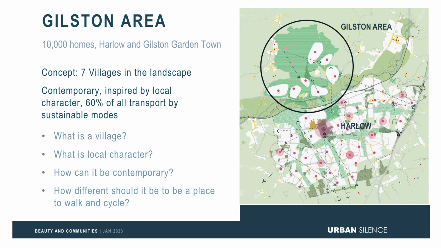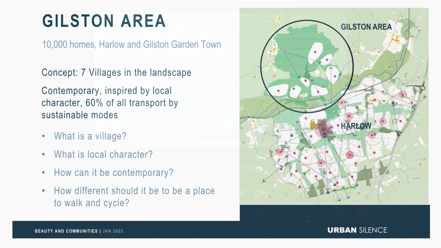So although it's part of the garden town and it's 10,000 homes out of the 23,000, the majority of the homes planned for Harlow, it is designed and conceived very differently. 7 villages set in the landscape, contemporary in design, inspired by local character as well, and with 60% of all transport to be provided by sustainable modes.